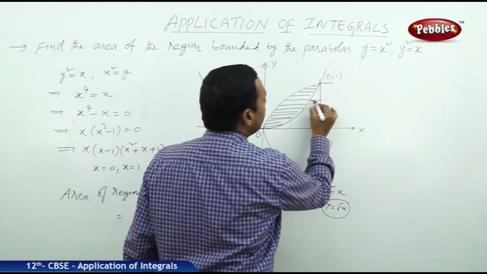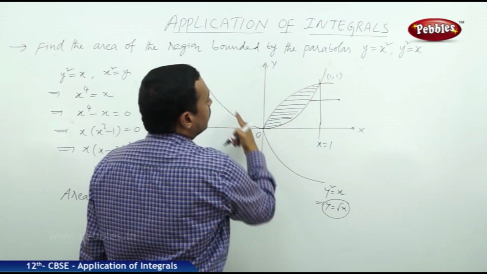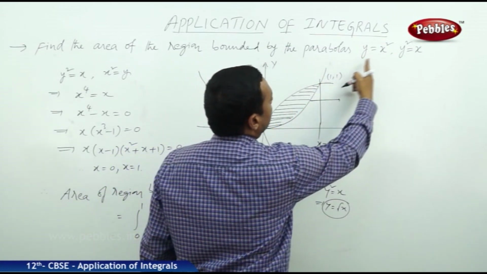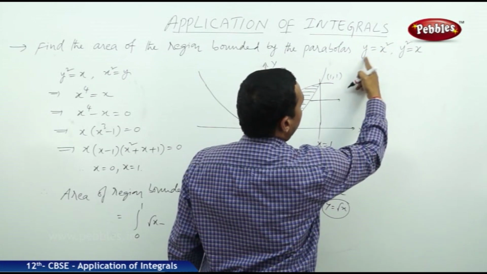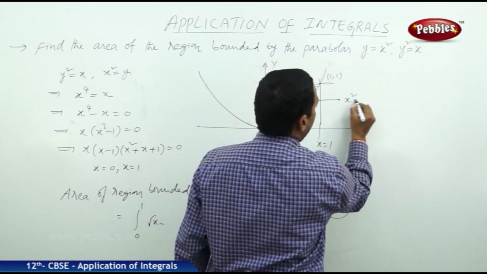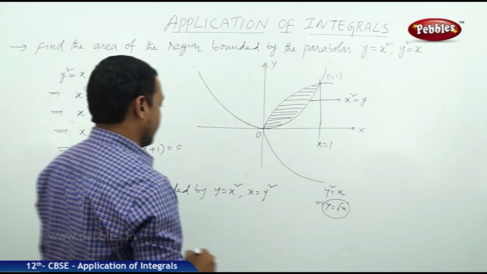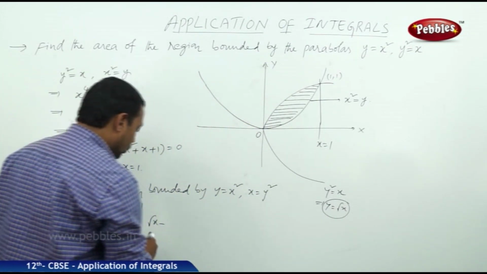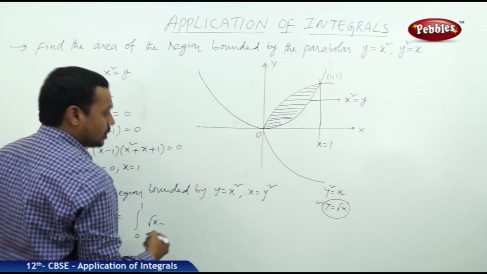And what is the lower curve here? The lower curve is x square = y, from which y = x square. Therefore, f(x) = root x and g(x) = x square.